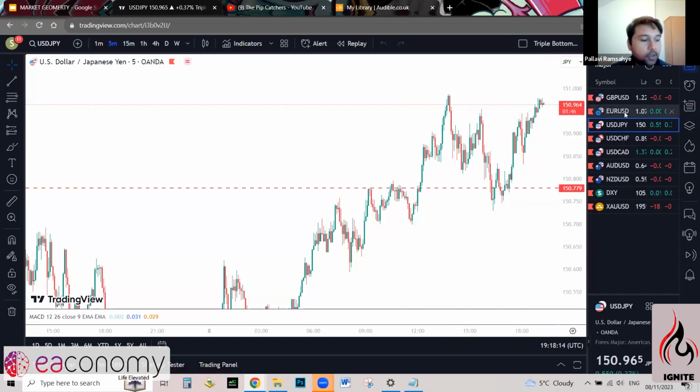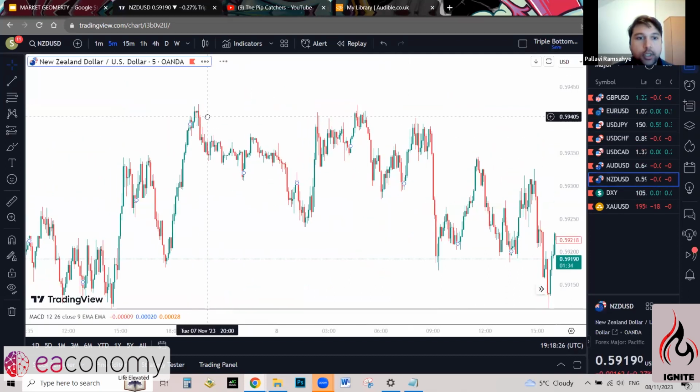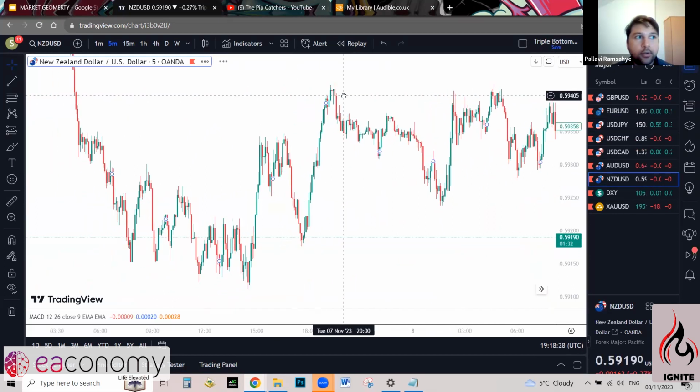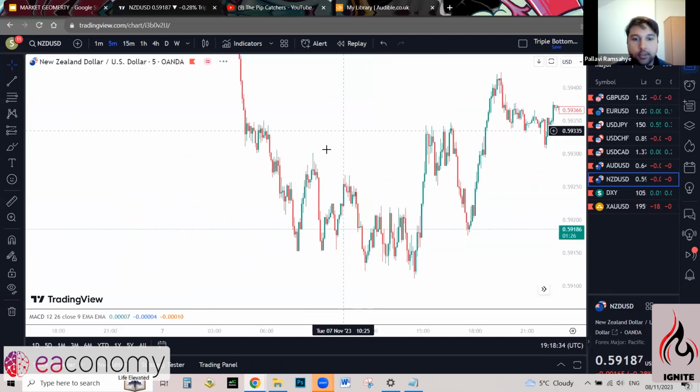Right, I just noted them down as well. So I've got NZD/USD. I'm going to test everybody's knowledge on this one. Let's quickly have a look. Okay, so it's the 11th.